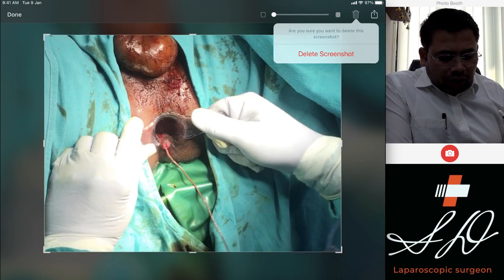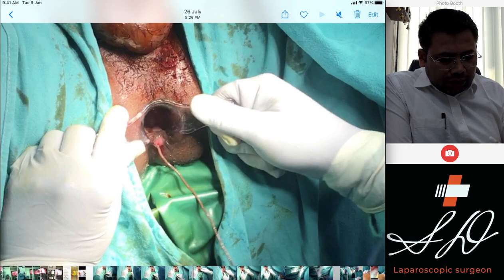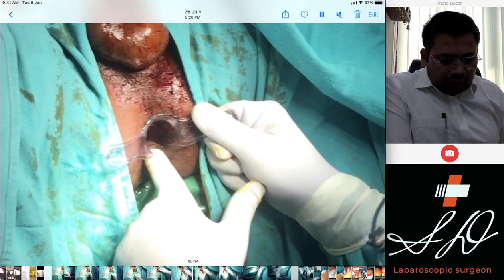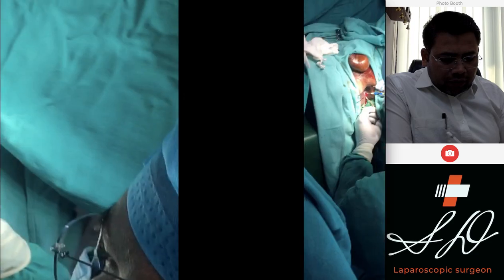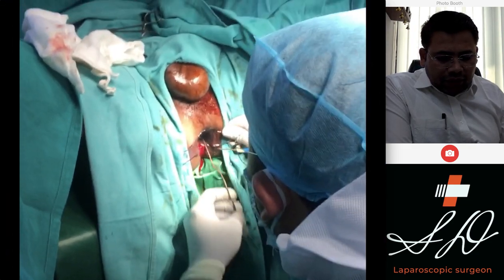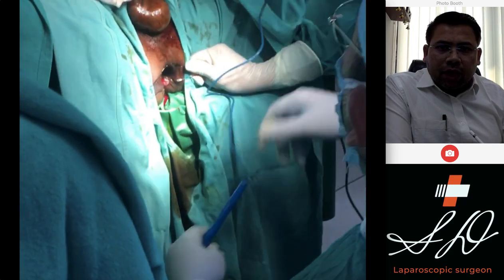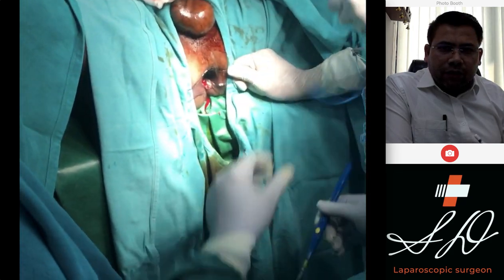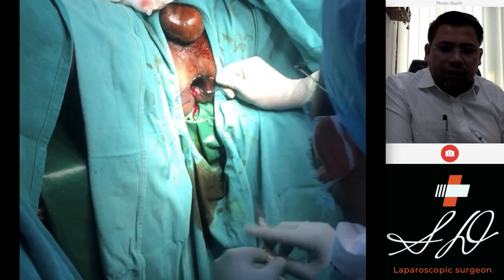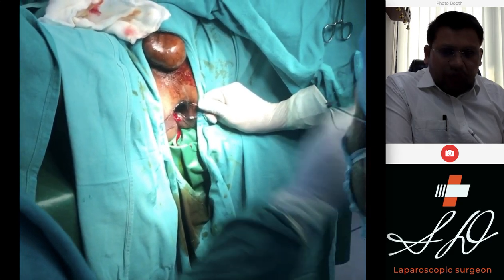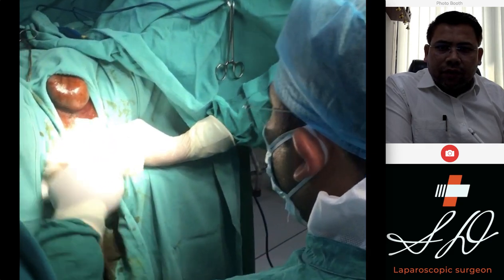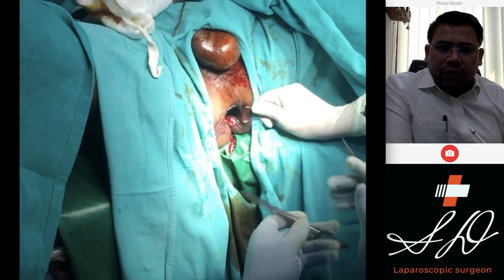I'll show you how we do this. With the help of a diathermy, we'll just open this up. Can you see I've just opened it up? Now I will be doing some curettage. So this is classical lay open fistulotomy.